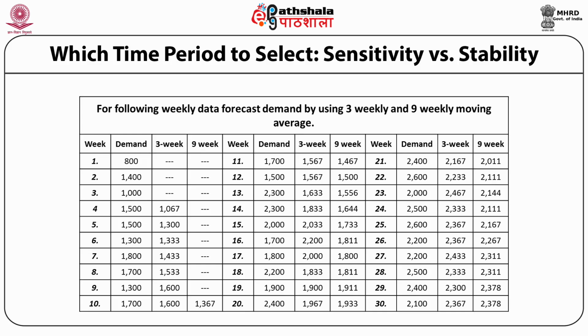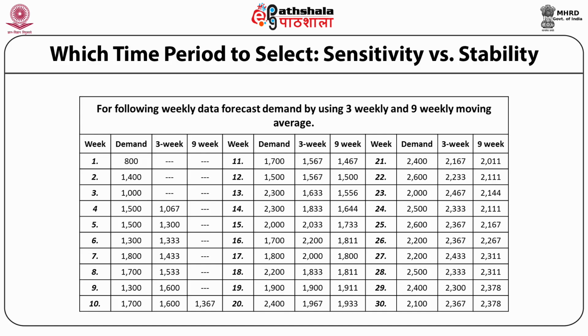Next, the step is to calculate forecasted demand by using 9 weekly data. This has been done by taking data for first 9 weeks and calculating its average. The average would indicate the forecasted demand for the 10th week.